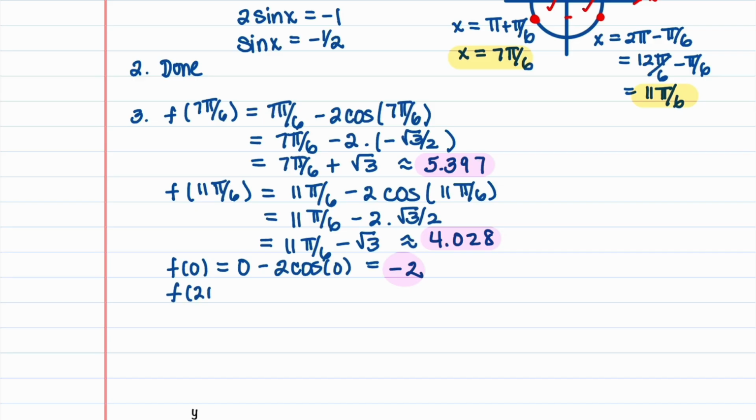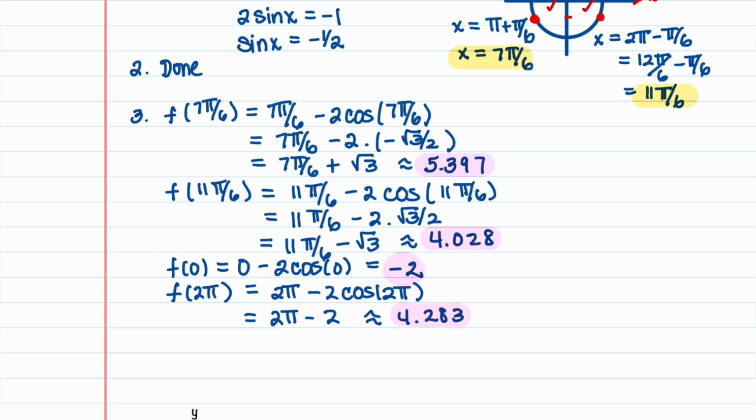F at 2 pi is going to be 2 pi minus 2 cosine 2 pi. So this is 2 pi minus 2. Put this in your calculator and you get a value of 4.283. And we'll highlight that.